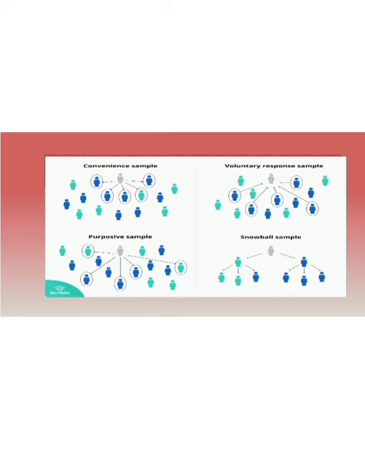In a non-probable sample, individuals are selected based on non-random criteria, and not every individual has a chance of being included. This type of sample is easier and cheaper to access. So whenever you start your work, you just work with that, right?